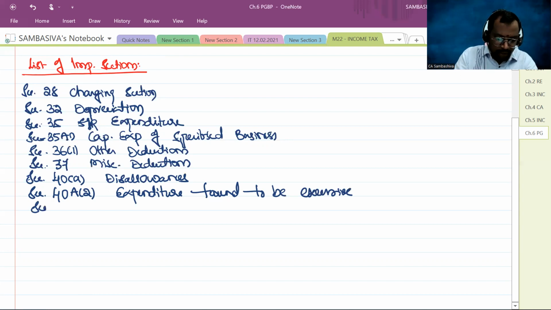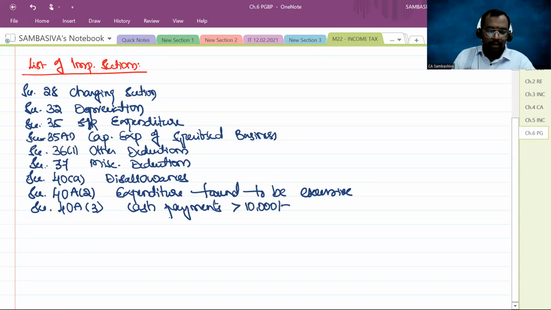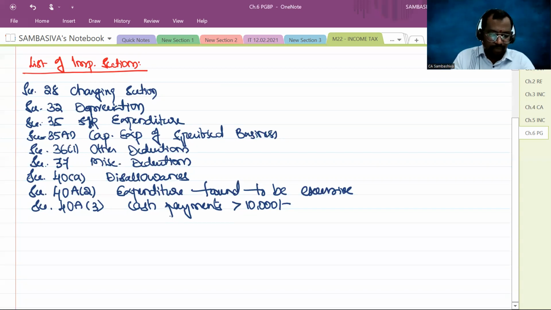And then section 40A(3), cash payments greater than 10,000 rupees.